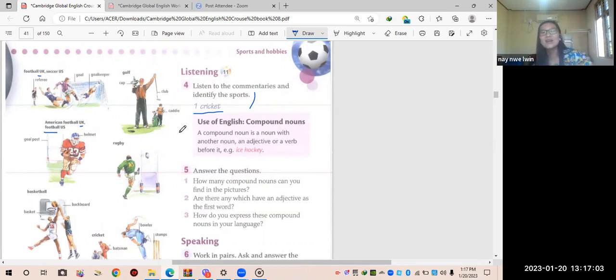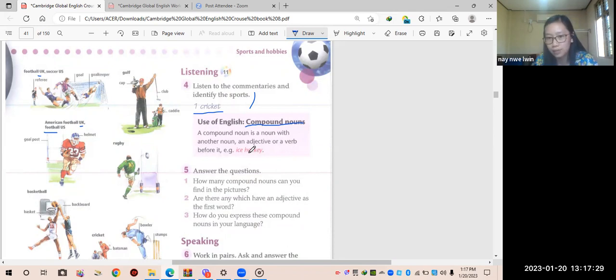Okay. So we have finished up to listening number 4. So we can do the Use of English now. For this unit, it focuses on compound nouns, right? So what is a compound noun? There is a definition, right? A compound noun is a noun with another noun, or an adjective or a verb before it.